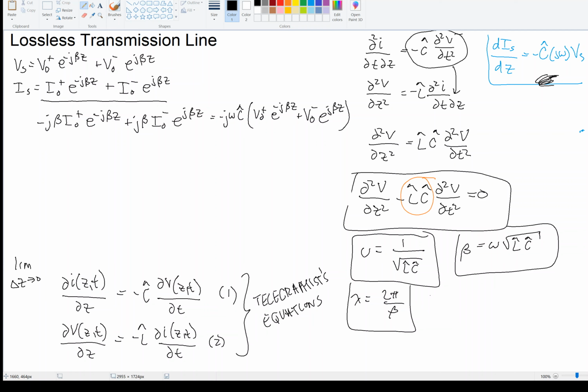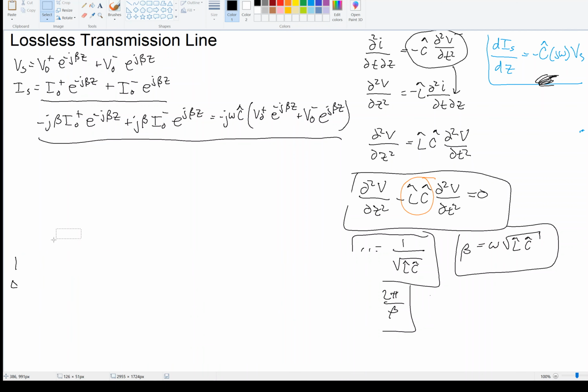Now, we've got this relationship here after taking the derivative. So we've got the relationship between the amplitudes of the current and the amplitudes of the voltage: the characteristic impedance of the line. So we're going to denote what's called the characteristic impedance as Z naught.